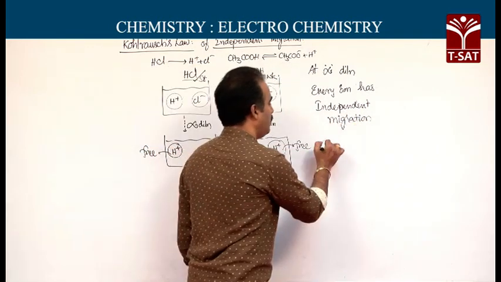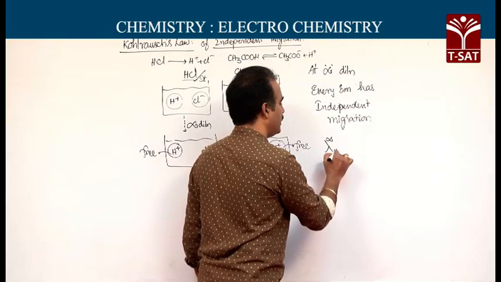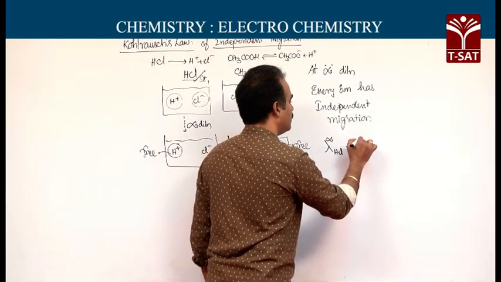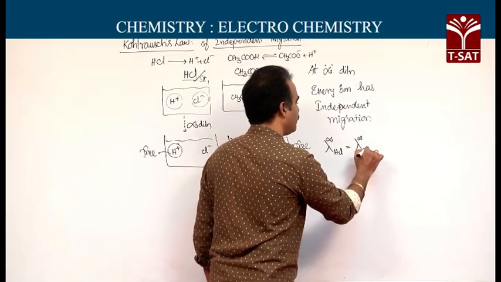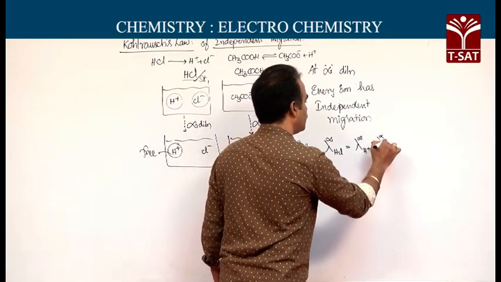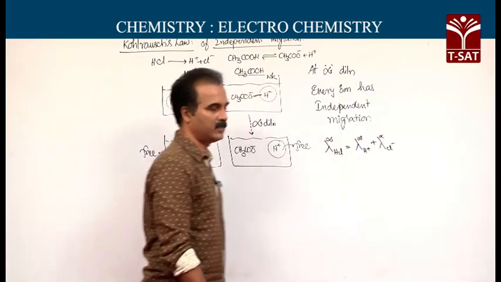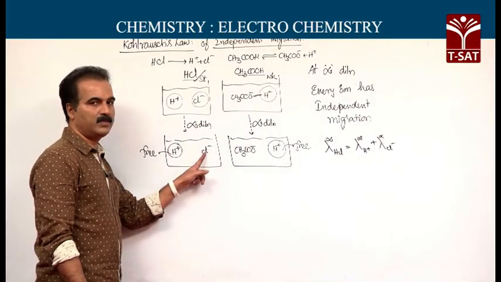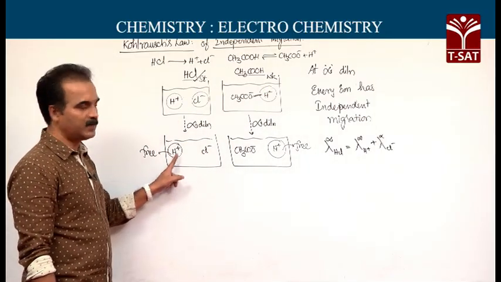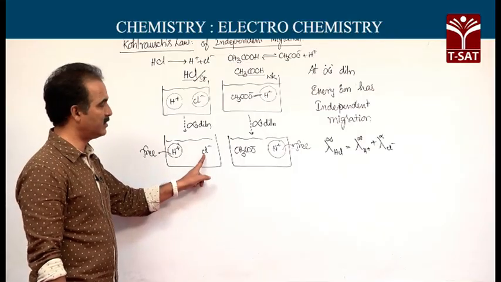So, lambda infinity of HCl is nothing but the conductance at infinite dilution of H plus and the conductance at infinite dilution of Cl minus. The total conductance of this solution is lambda infinity of H plus and lambda infinity of Cl minus.